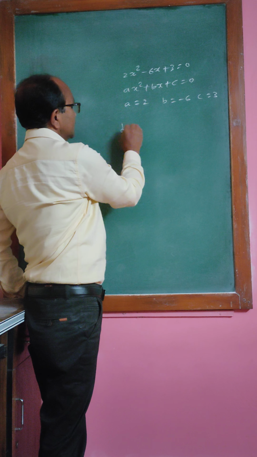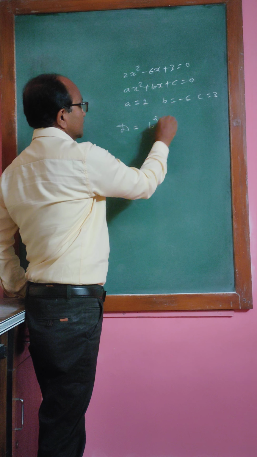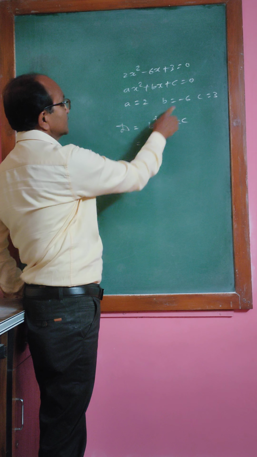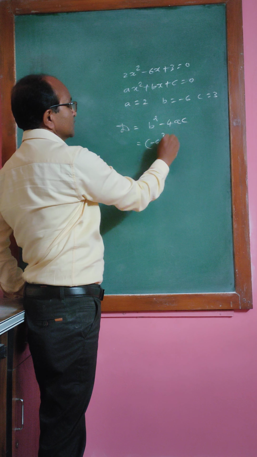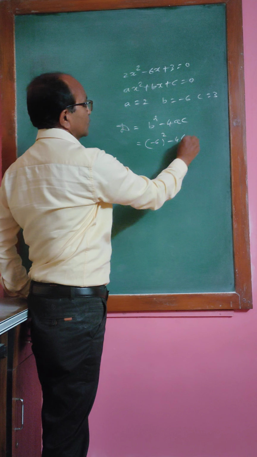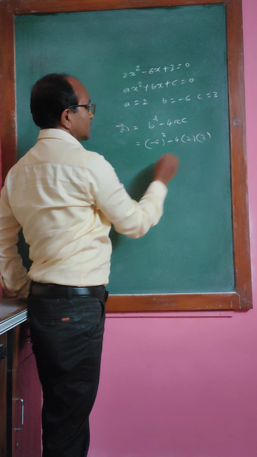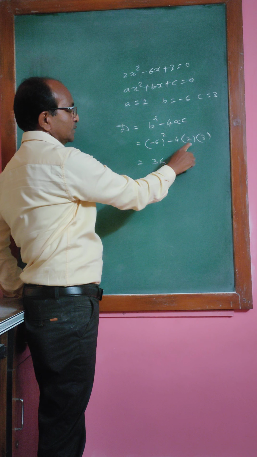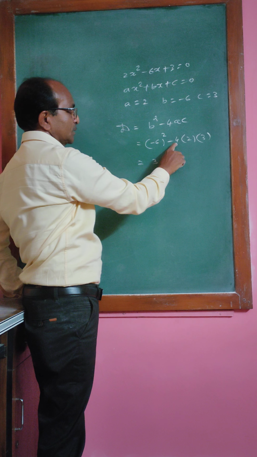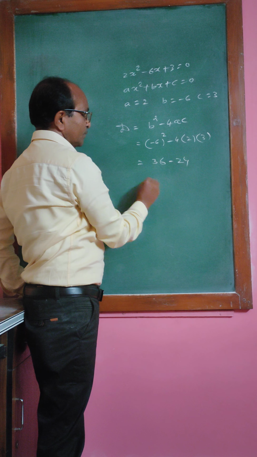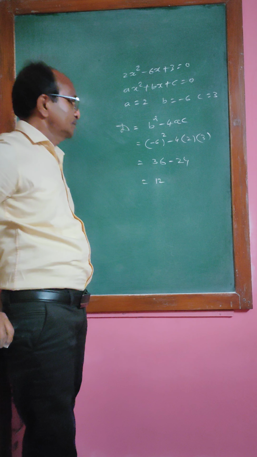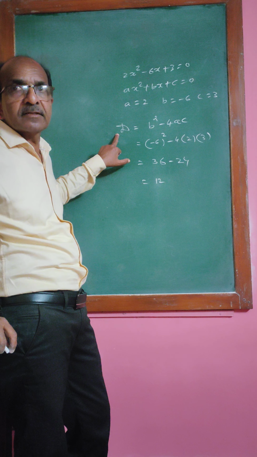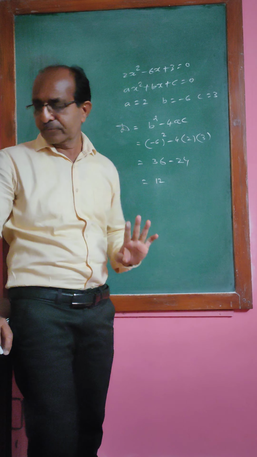Then discriminant D is equal to b square minus 4ac, which is minus 6 whole square minus 4 into 2 into 3, minus 6 square is 36, 4 into 2 into 3 is 24, 36 minus 24 is 12. Hence the first answer is discriminant D equal to 12.